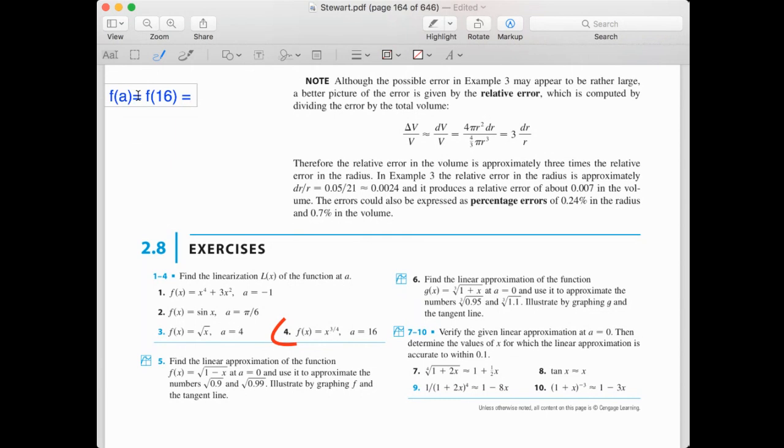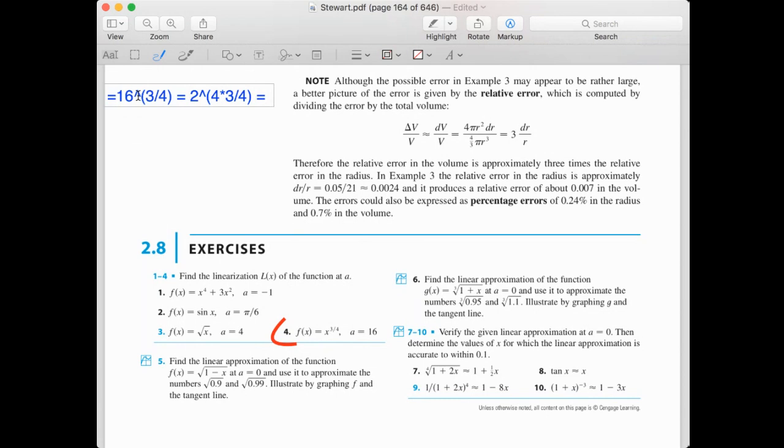Now we can get a very nice value. It's 16 raised to 3 over 4. The 16 we can write as 2 raised to 4, then multiply by 3 over 4.